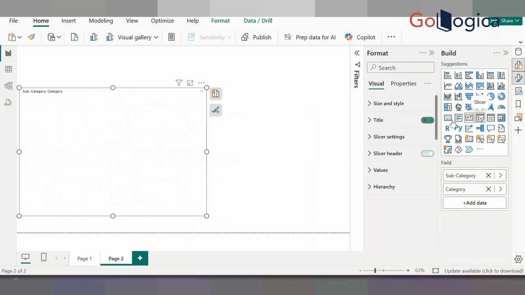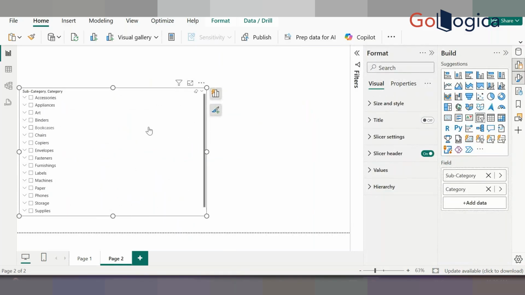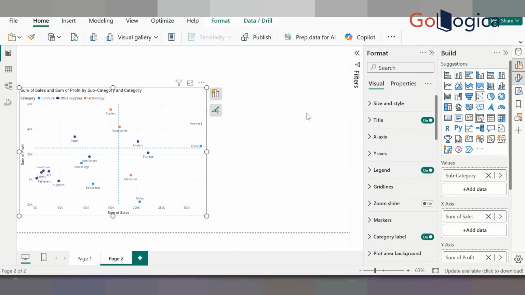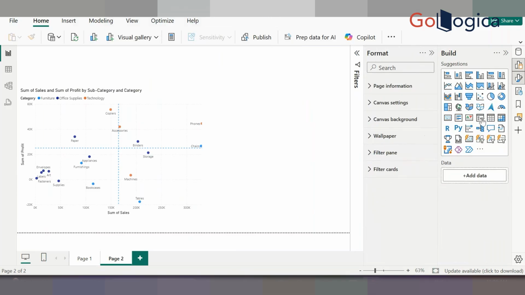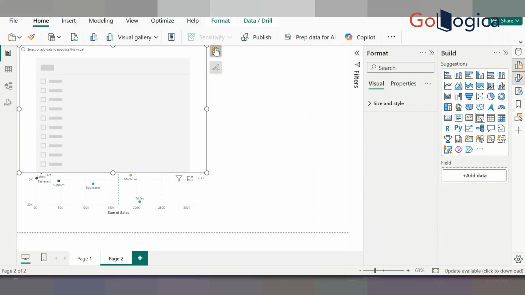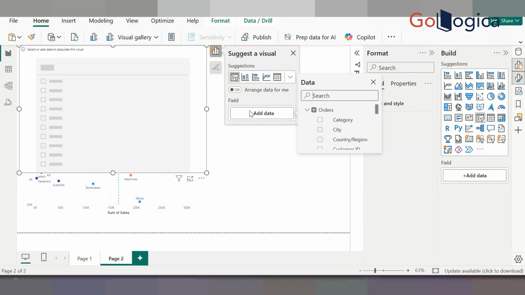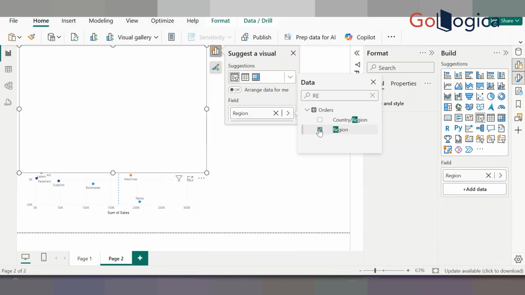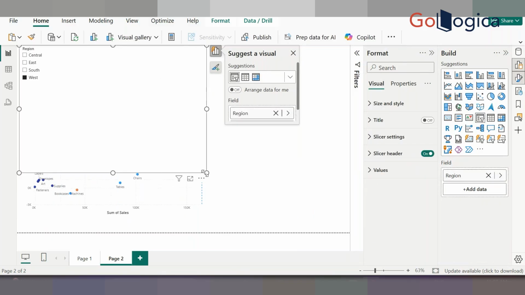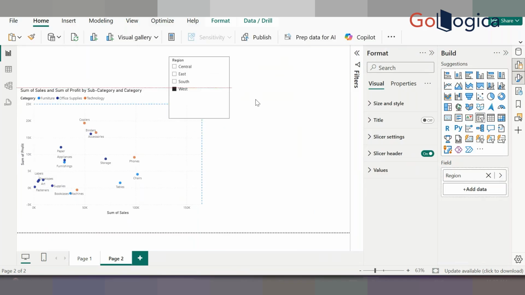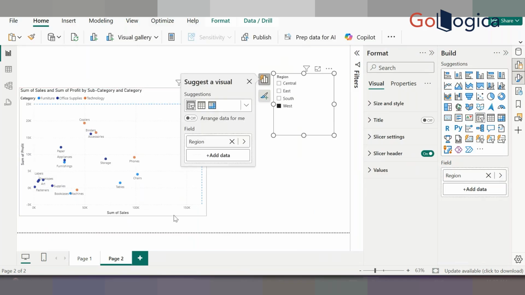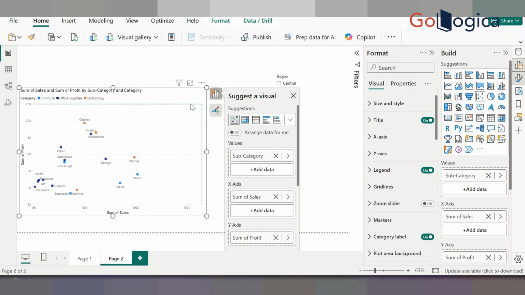I just add a slicer, take a slicer and say maybe I'll add the region or something.